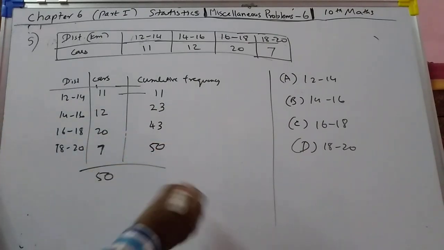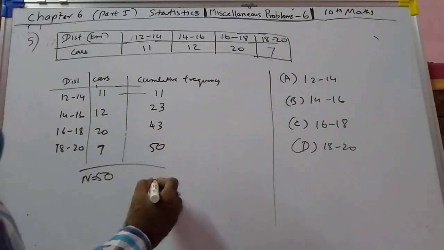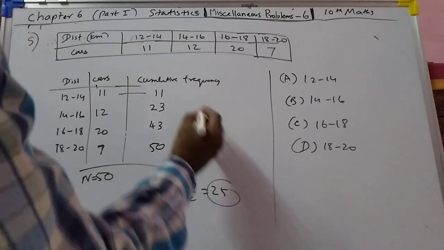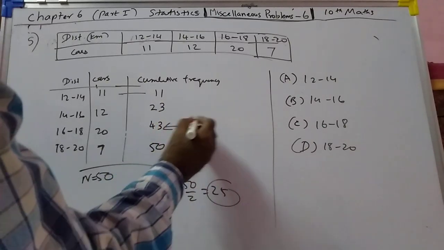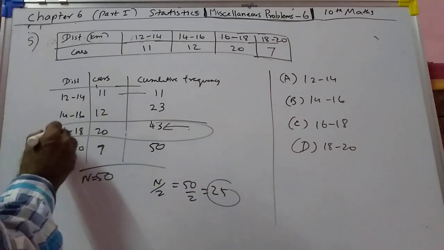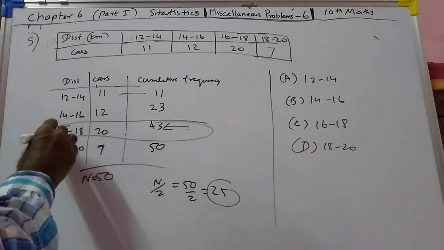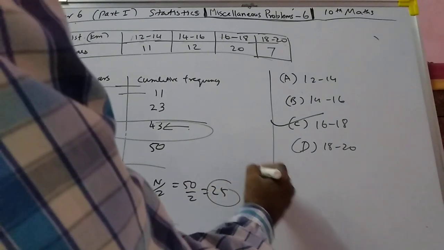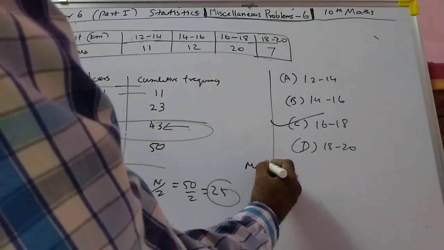Add up, 50. So n is 50, and n by 2 is 50 by 2, that is 25. Where is it fitting? It is fitting in this one. This is the median class, and this is the answer.